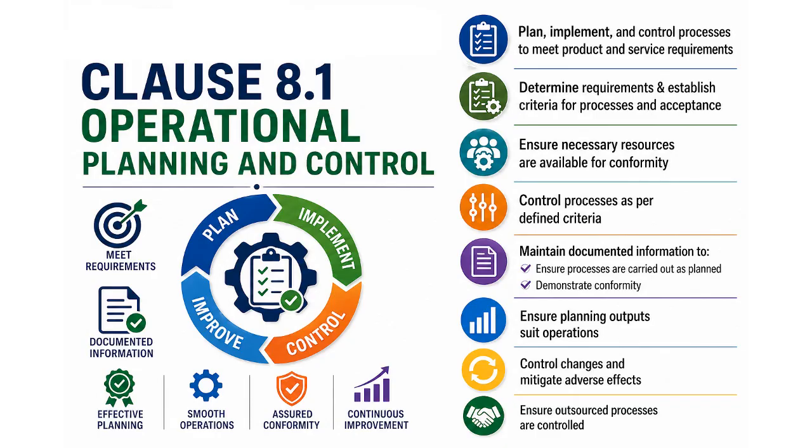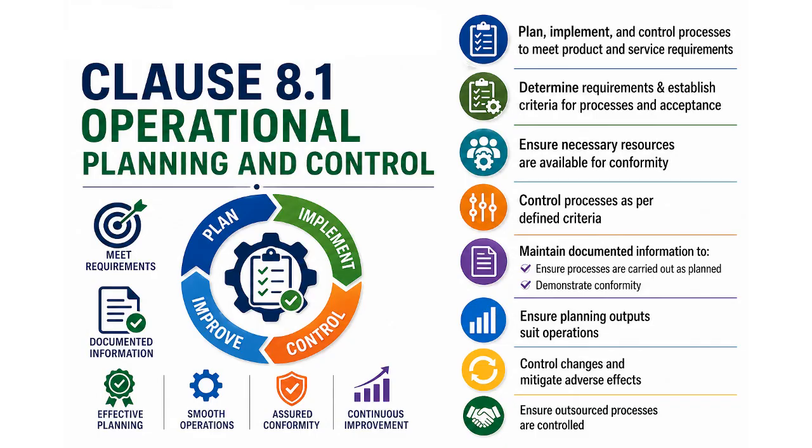This includes defining product requirements, setting process criteria, establishing acceptance standards, and ensuring the right resources are available for the implementation of QMS. Organizations must maintain documented information to confirm processes are performed as planned and products consistently meet required standards.